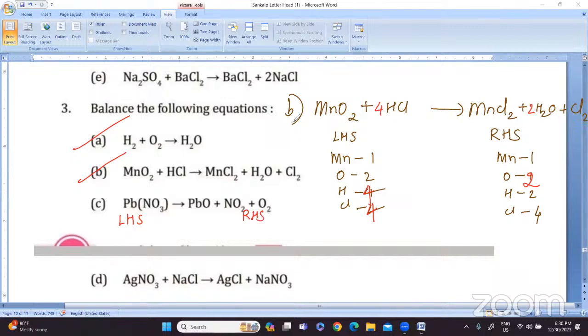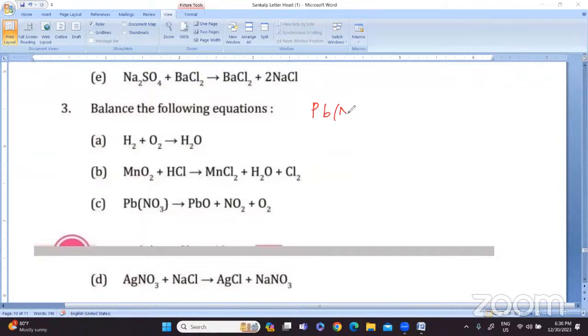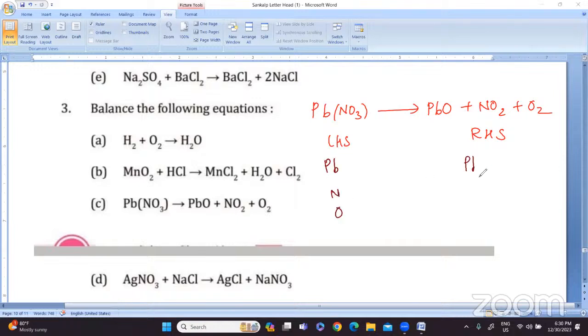I'll write it here only. So PbNO3 giving you PbO plus NO2 plus O2. Left hand side and right hand side: Pb, nitrogen, oxygen. Pb is 1, here 1, nitrogen is 1, oxygen is, this should be 2.